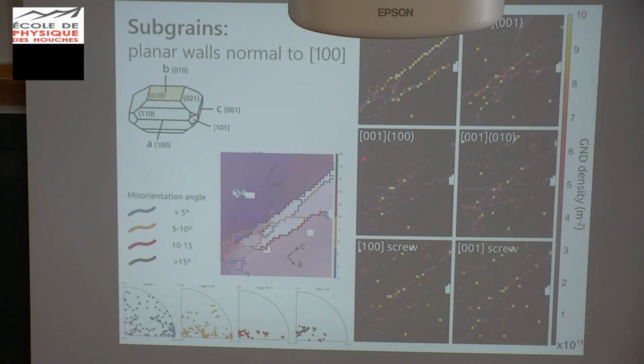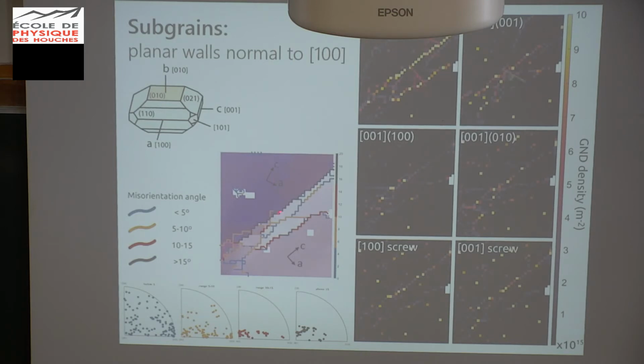We can see that these subgrains run parallel to C, or perpendicular to the normal to the 100. And we can see that the dislocation type that dominates is in A, 10010. That is the easy glide system in olivine, so it's not strange.